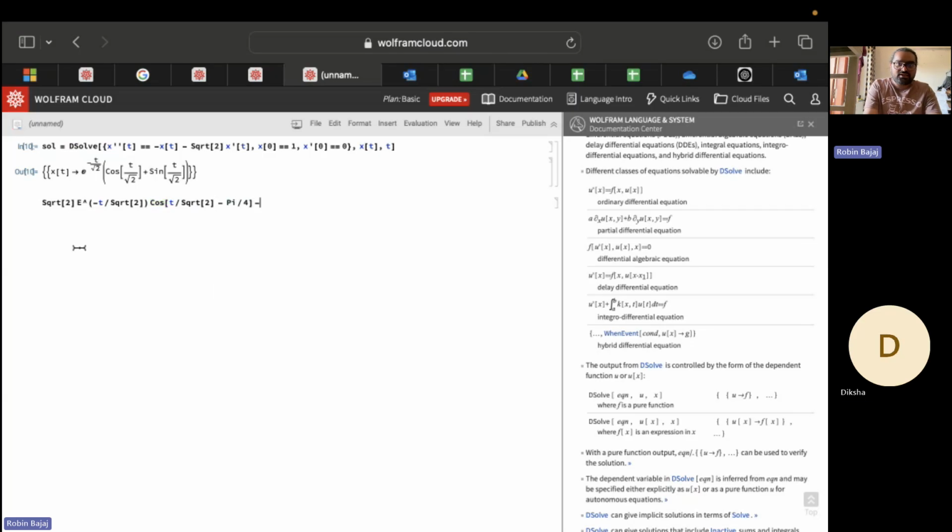I'll subtract the solution. Sorry, this is in the solution. So this solution, I'll take the first of that. First of solution basically.